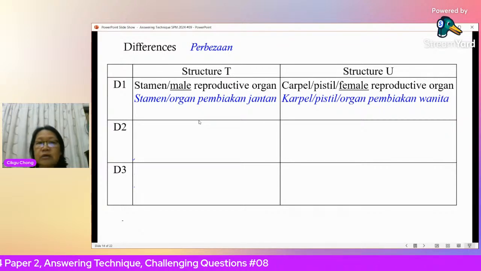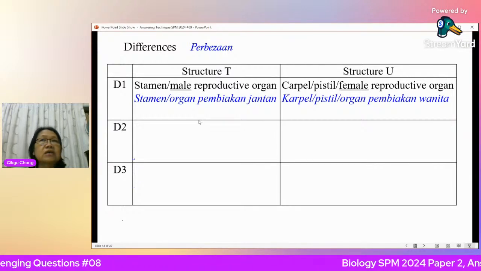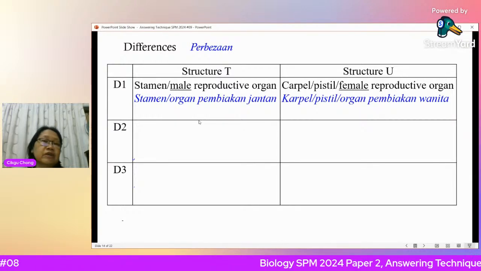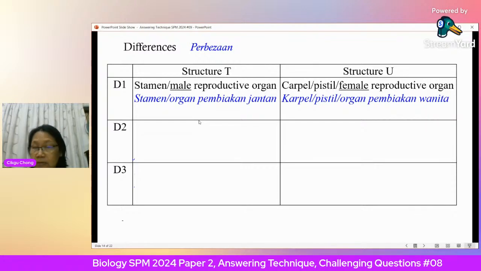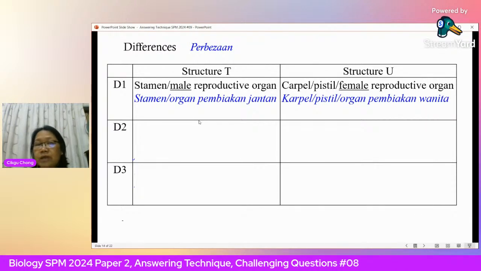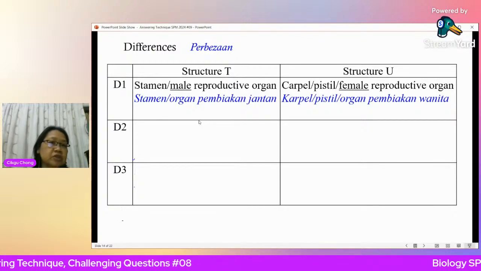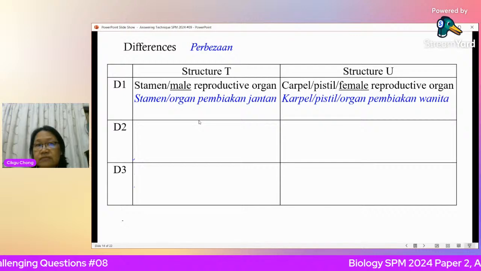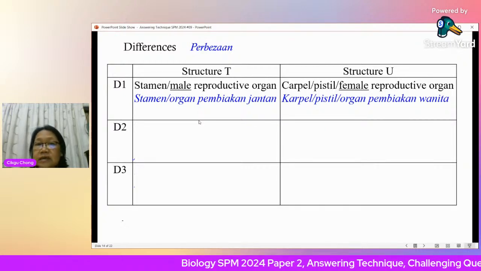Again, I want to repeat. You can write a table like this, which is most encouraged because it is easier for the examiner to see the answer. Or if you do not like the table, you want to write in essay form, in sentences, yes, you can, but make sure you put them in one sentence. Structure T is stamen, but structure U is carpel.